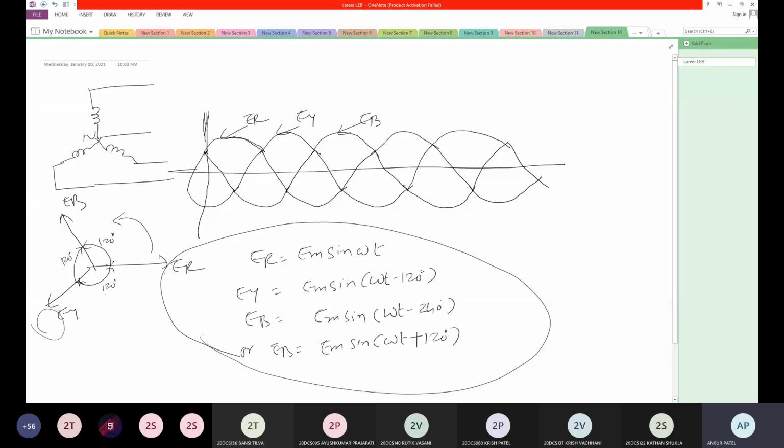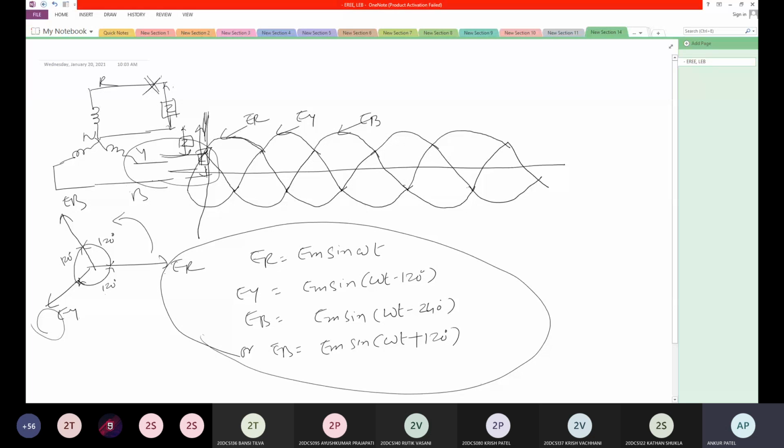This is my R, Y and B. I am connecting an impedance between each of these. So if a fault occurs in any phase, the remaining phases will work. That is the main advantage of the three-phase system.